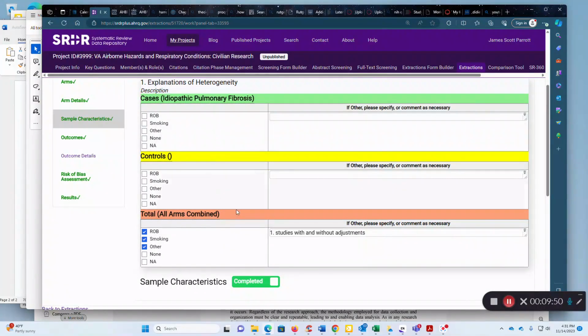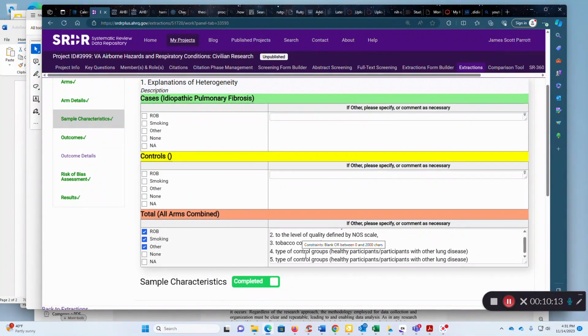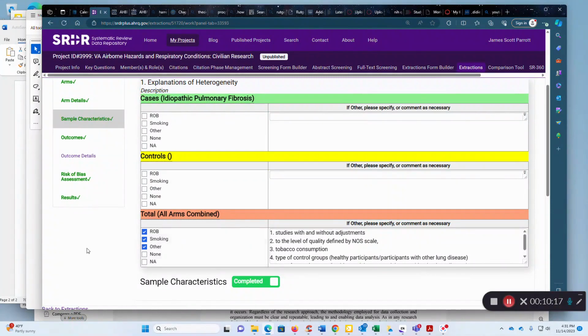And so what we see here is, and I'll just make this a little bit bigger, is what they did, and they didn't break it out by arm, but they did look at risk of bias. So our high-risk studies, do they have different outcomes than low-risk studies? Smoking, okay, studies that adjusted for smoking versus those that didn't. And then other, and then I just put this information in here so you can see what kind of data we pulled from there. Then we look at outcomes.